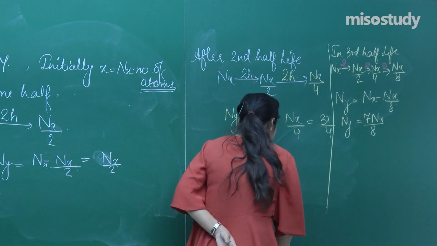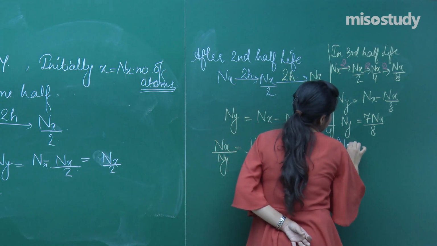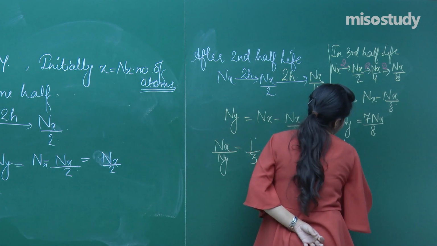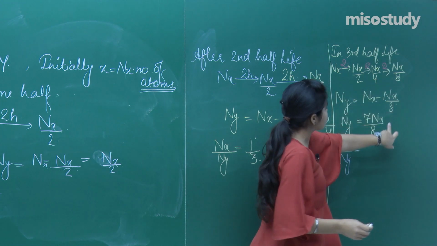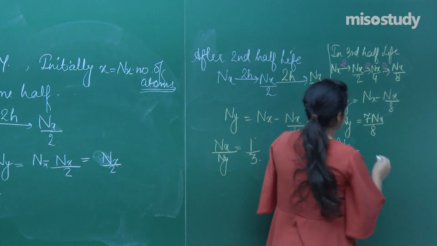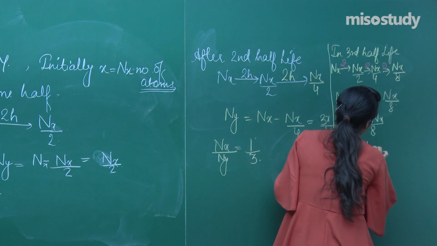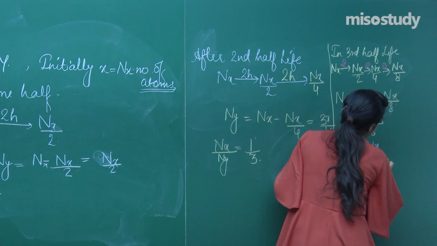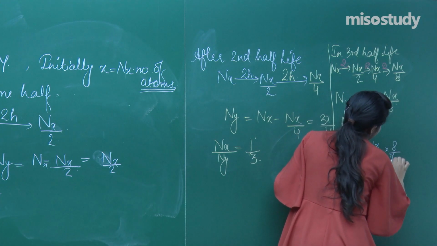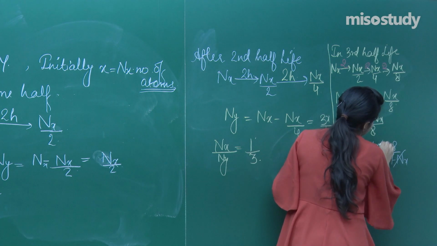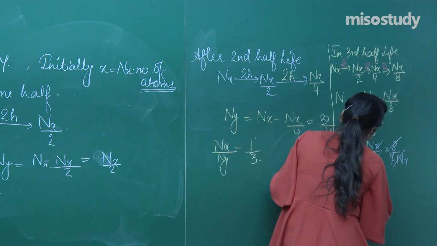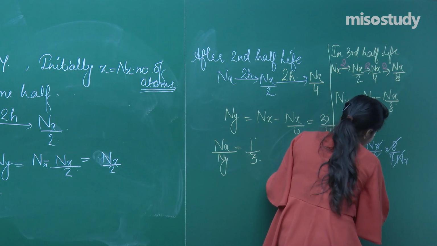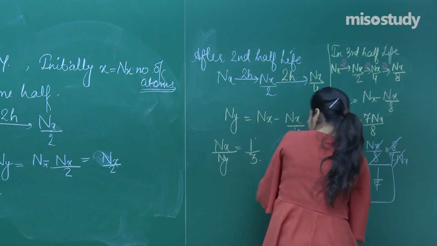Right? So now we will again find the ratio of nx upon ny. Your ratio in this case will be nx upon 8 divided by 7nx upon 8, that is nx upon 8 multiplied by 8 upon 7nx. So that means you have 1 upon 7 as the ratio of the number of X to the number of Y.